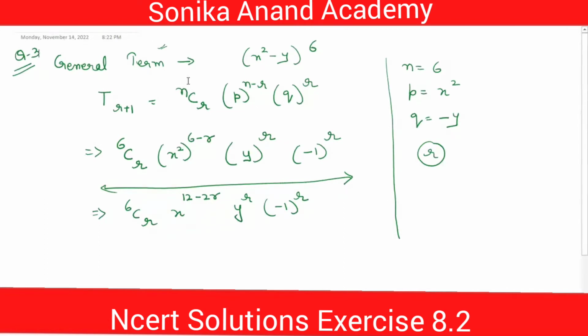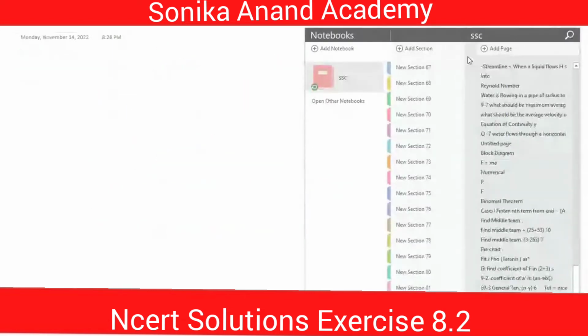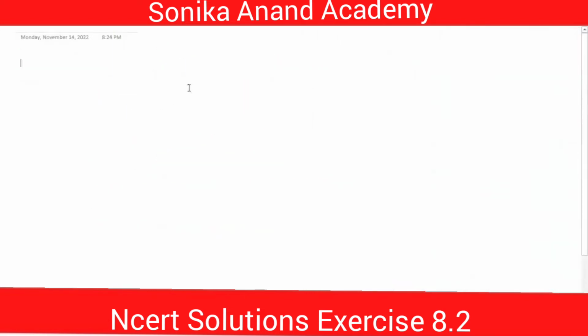Now the next question is also of the same pattern, but there is a little bit of difference. First see on the screen. We have to again write the general term for the expansion (x square minus yx) to the power 12.